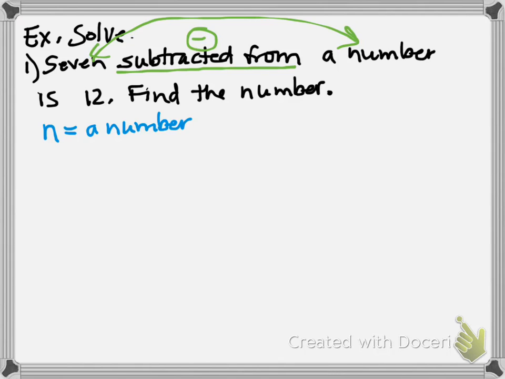Then I'm going to write my operation, and then I'm going to write the 7 after. Okay? What is the word that tells us equals? Is. So right now I have everything I need to write my equation. A number, n, subtracted with the 7. So n minus 7 is the translation of 7 subtracted from a number is 12.